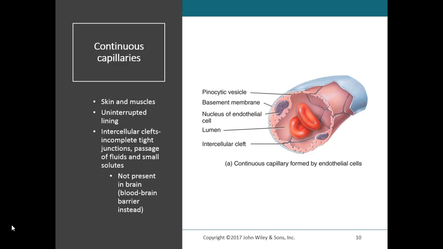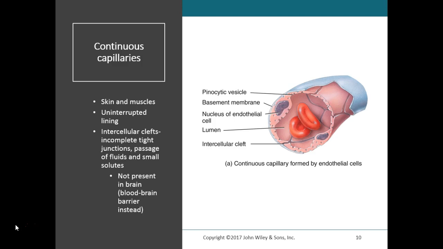So these allow for the passage of very small solutes and fluids. These are not present in the brain, though. However, we have something known as the blood-brain barrier that you learned about when you studied the nervous system back in Anatomy 1. So the capillaries that are found in the brain allow only a few things to cross their walls.